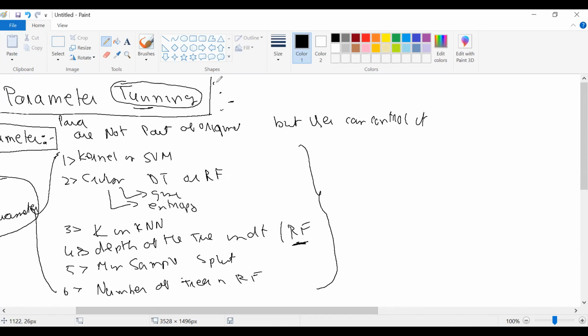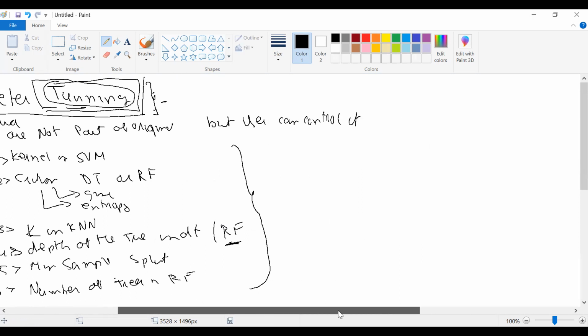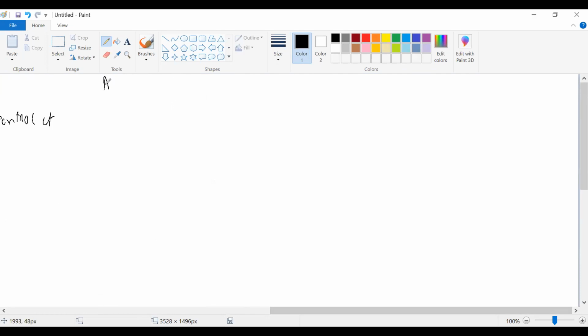Now comes the tuning part. Do you agree that hyperparameters play some role in model performance? The best way to remember is when we were building our SVM and we changed the kernel, the model used to change: linear kernel, polynomial kernel, RBF kernel.